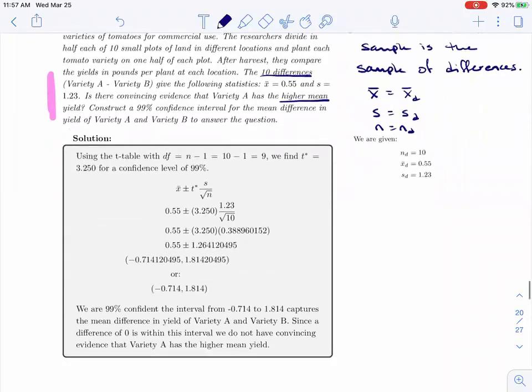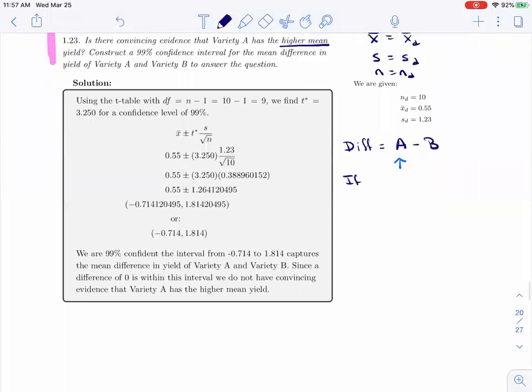So one thing to keep in mind is that the difference is A minus B. So if variety A has a higher yield, then the difference would have to be positive. If A is higher than B, the difference must be positive.